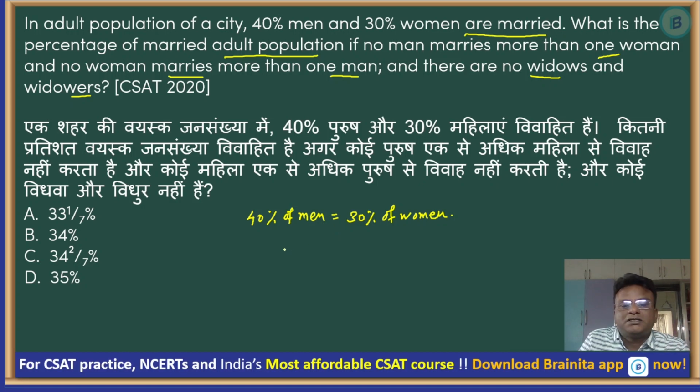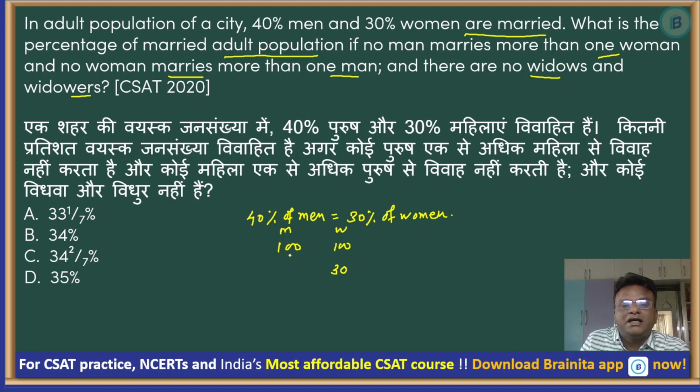So let us say the population of the town is 100. We can assume either for men or for the women, right, as 100. So let me take it for women. And I'll tell you why I'm taking it for women. Because 30% of women are married means this will be 30.